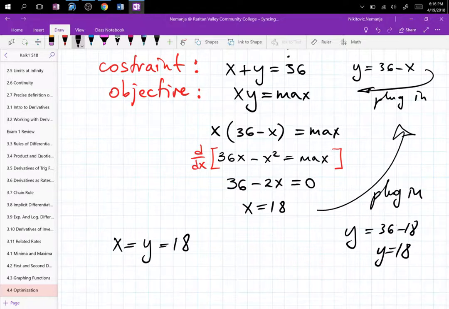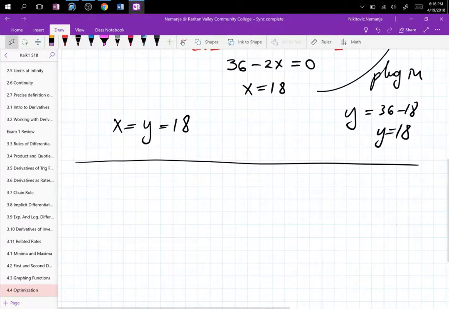Why would, no. You move 2x to the other side. Oh, yeah. Is he being mean? Yeah.